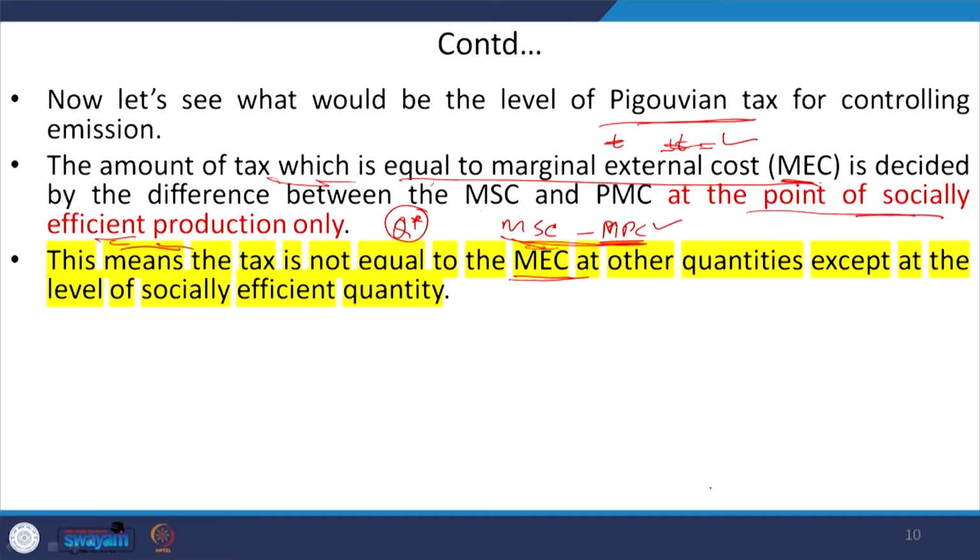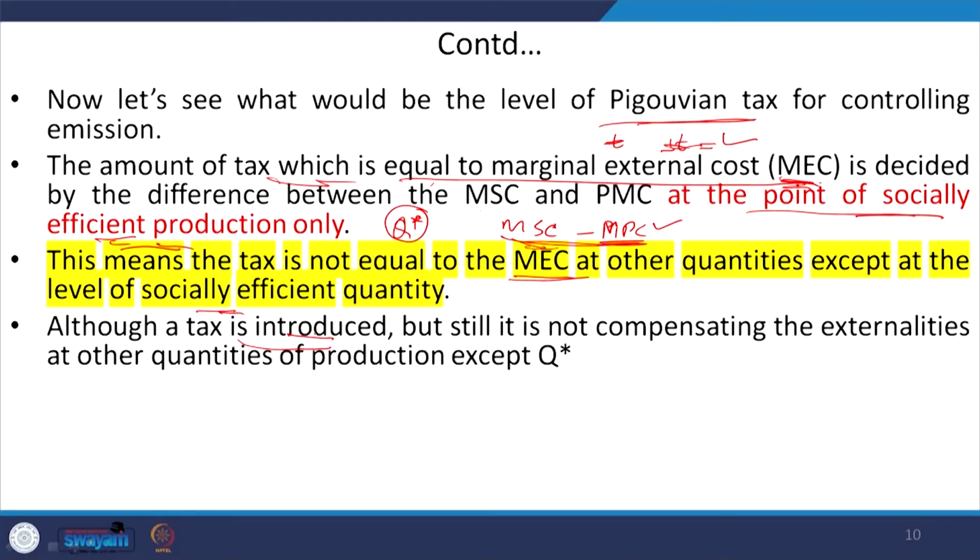So, that means we can say that this Pigovian tax is not equal to the marginal external cost if you are taking into account other quantities or other points, except this socially efficient quantity, right. And even though we are saying this tax is introduced, that is P star amount of tax is introduced, right, still it cannot actually compensate the externalities present at points other than Q star.